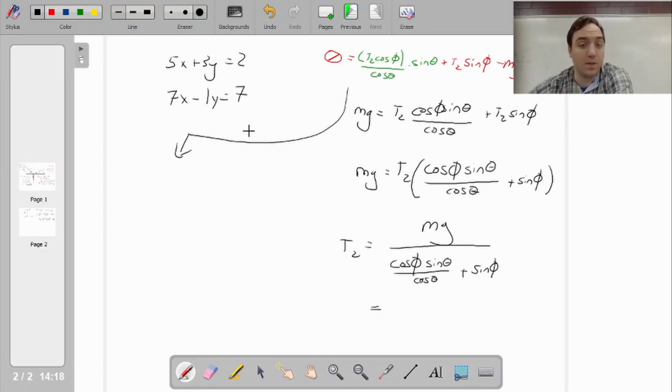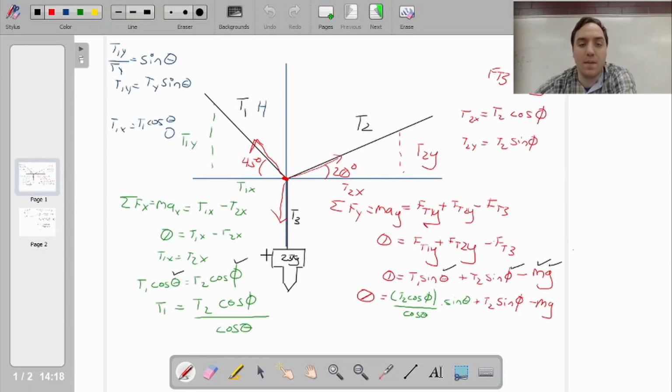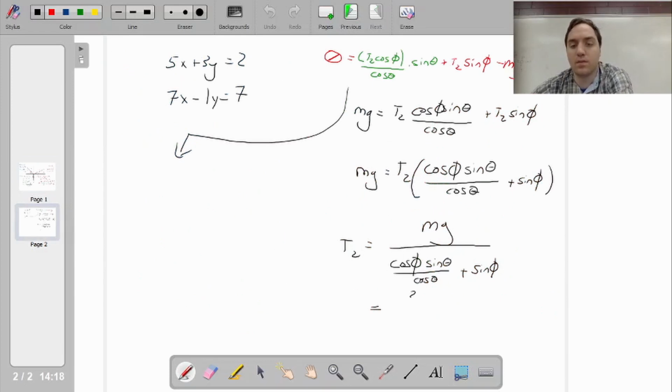At which point I can just plug in my numbers. My mass is 25. G is 9.8. Cosine of phi, I said, was 20.